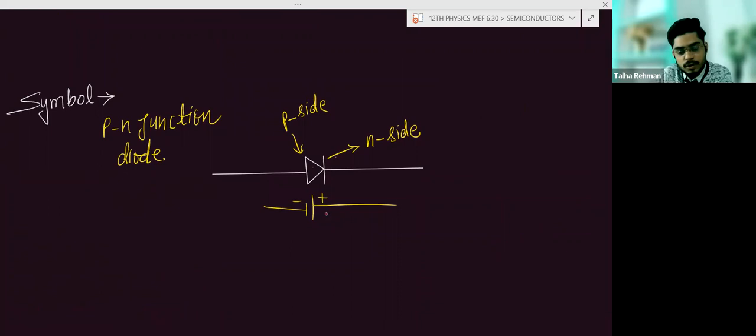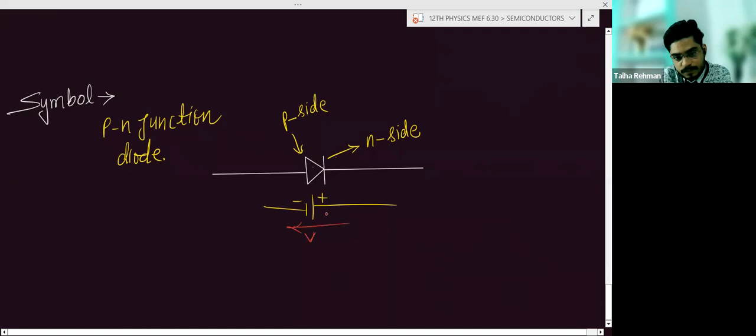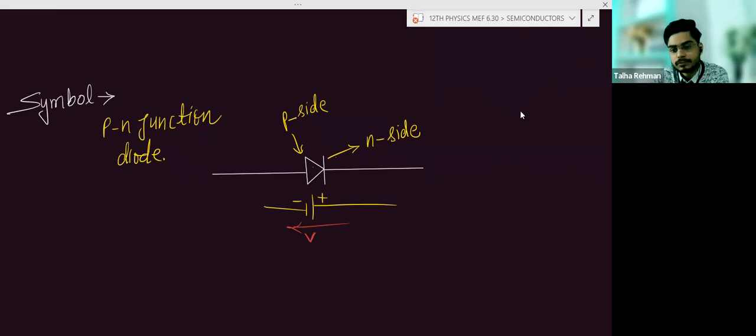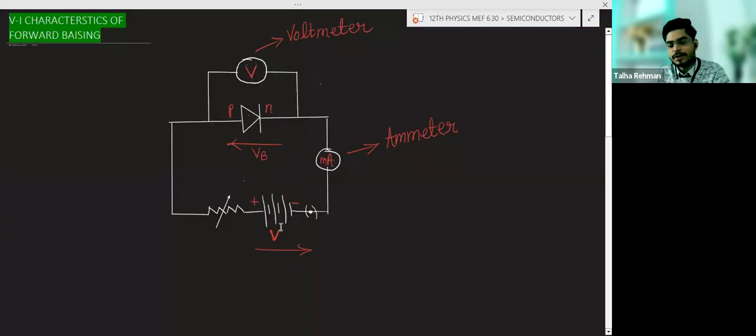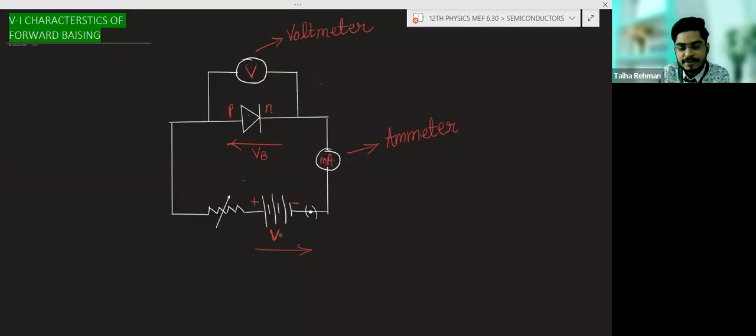So the potential V will be in this direction, positive and negative like this. So both are in opposite directions, so the potential barrier will decrease. I told you in forward biasing, it will become V minus VB, the potential barrier.